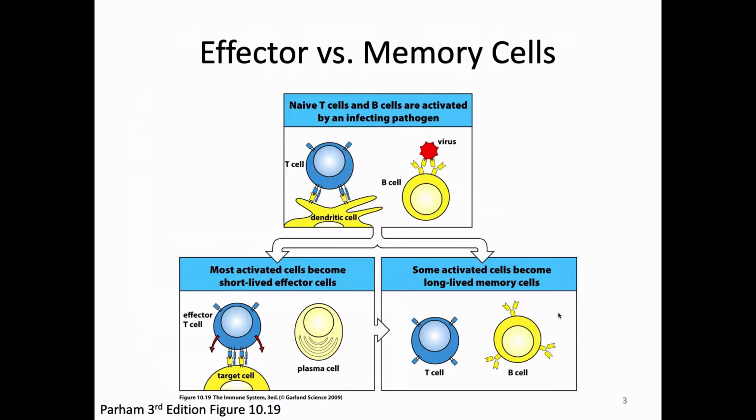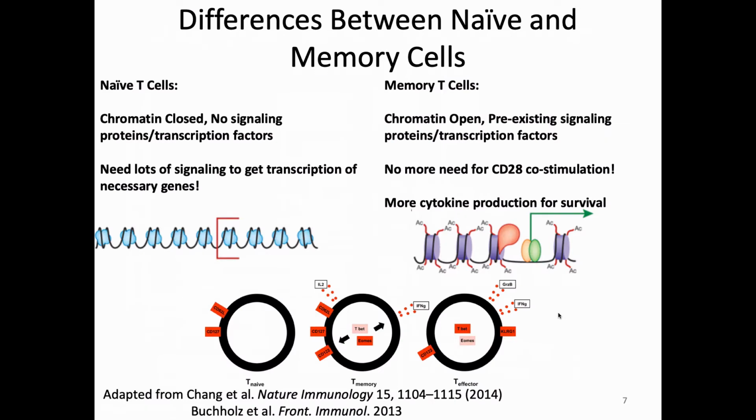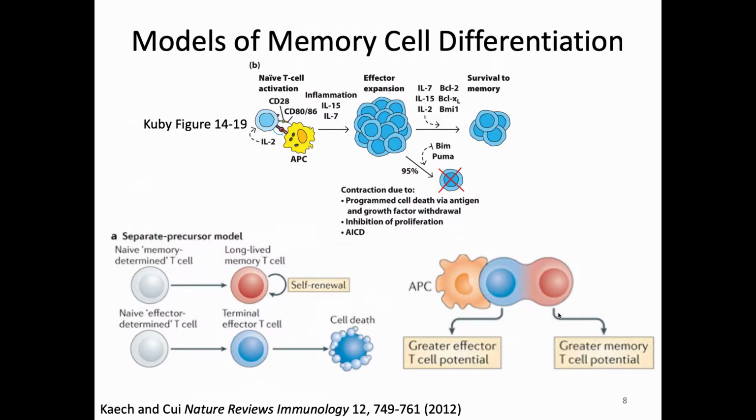There have been many models of memory cell differentiation that different scientists have come up with. This is something I've spent a lot of time thinking about. It's a big part of what I did my PhD on, so I was really into the literature, especially when I was finishing up my PhD.